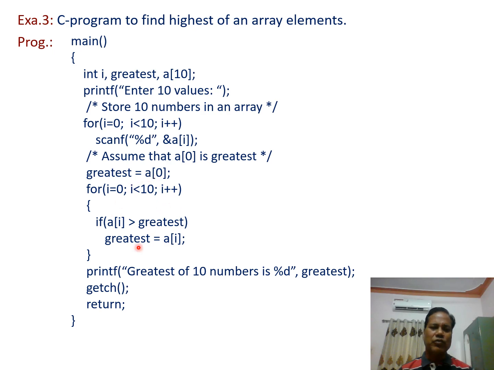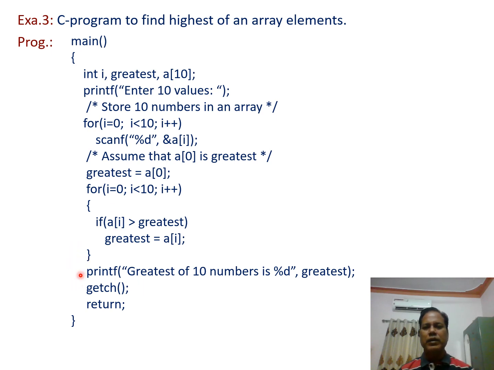In this way, the comparison goes on till the last element. Whenever a particular element is found to be greater than the current greatest, that value is set as the greatest value. When all the elements are tested and compared, control comes out of the for looping statement.